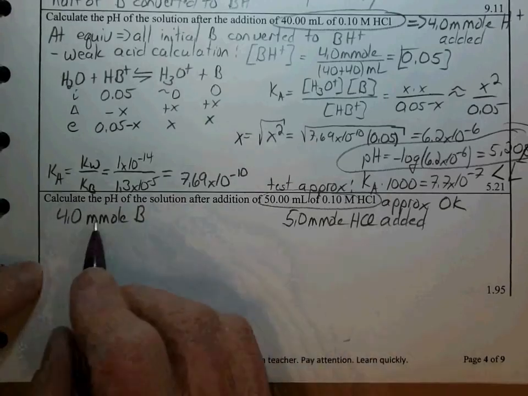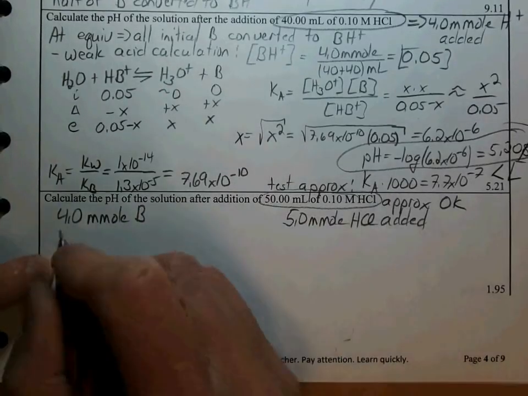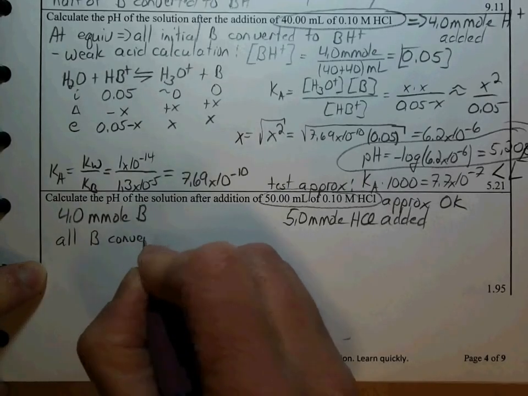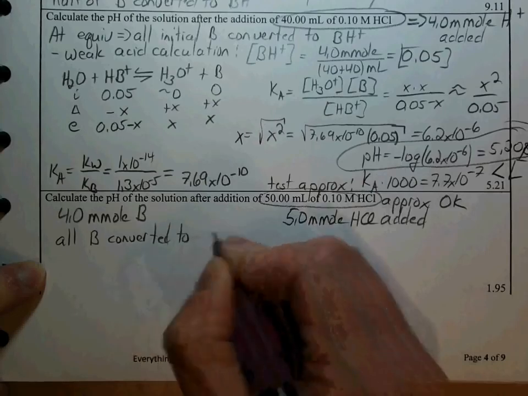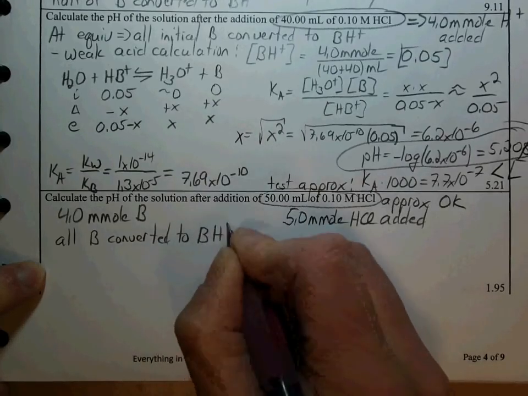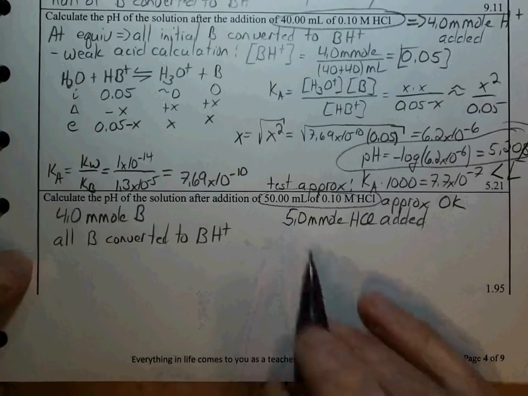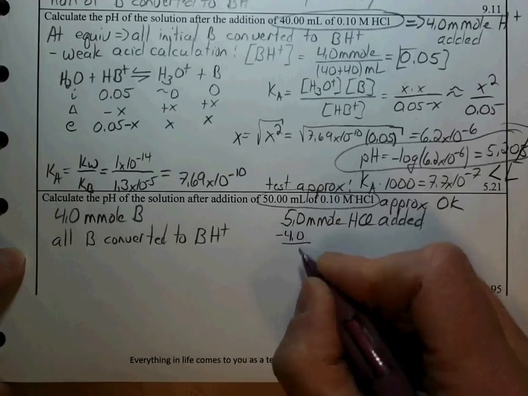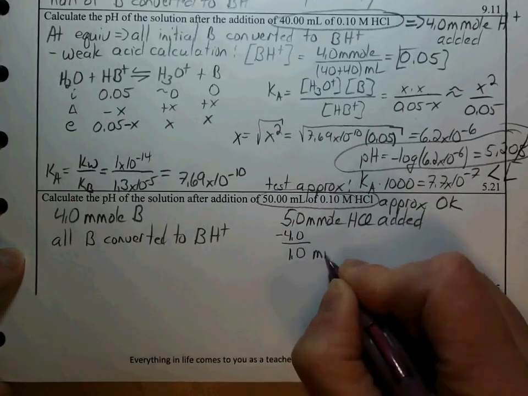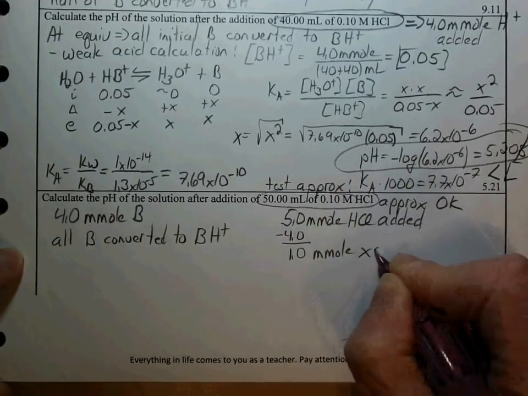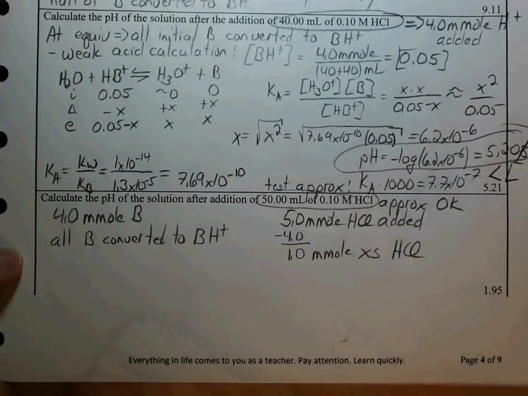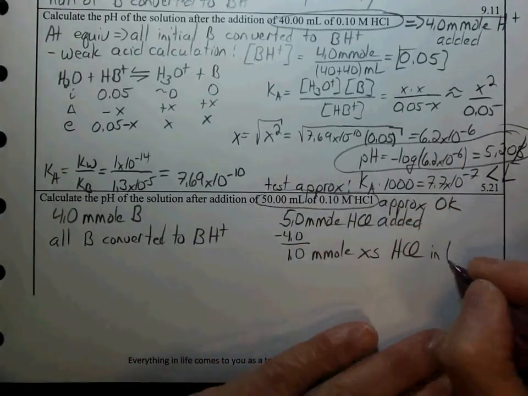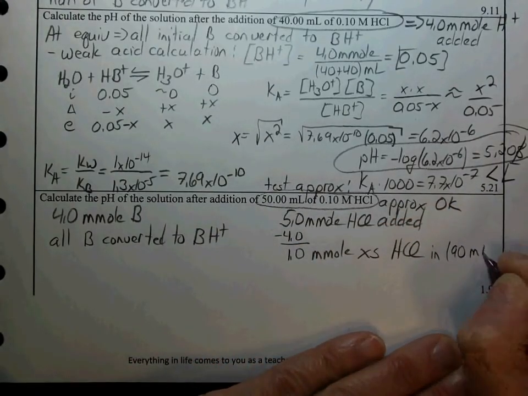So all of our base has been converted to H plus, okay, the conjugate acid, that consumes 4 out of the 5 millimoles of HCl. So we have 1 millimole of excess HCl in solution. Okay, in solution our total volume is 50 plus 40, 90 milliliters.